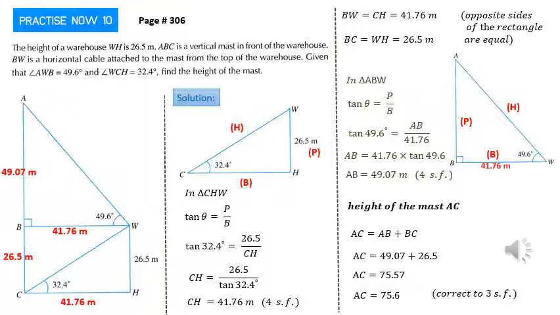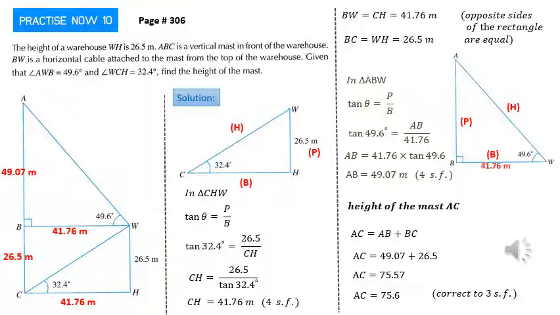Given that angle AWB is 49.6 degrees and angle WCH is 32.4 degrees, find the height of the mast. In the diagram, AC is the height of the mast. To find the length of AC, we will find the length of AB and the length of BC.